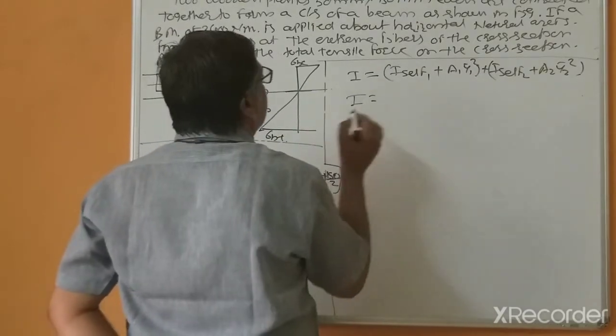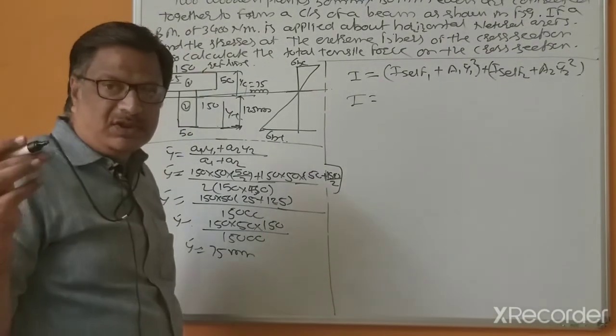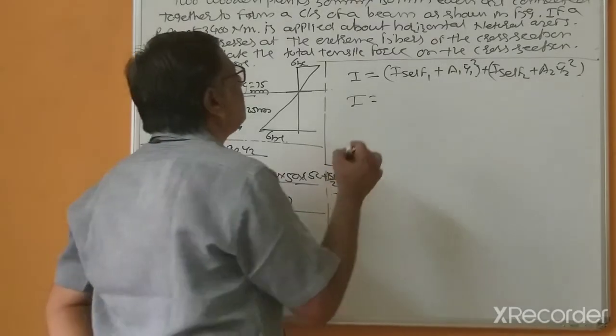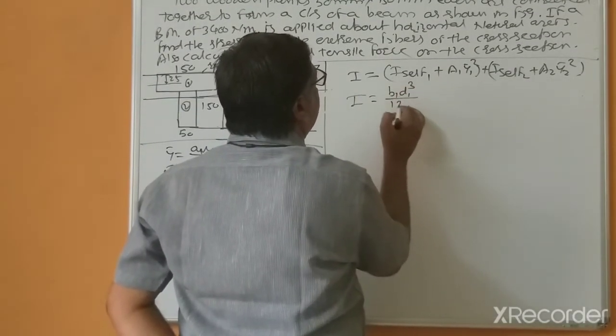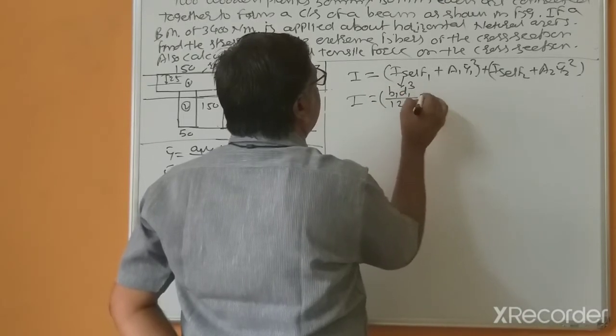Self moment of inertia means nothing but BD cube divided by 12. So this is B1 D1 cube divided by 12. So this is the self moment of inertia.